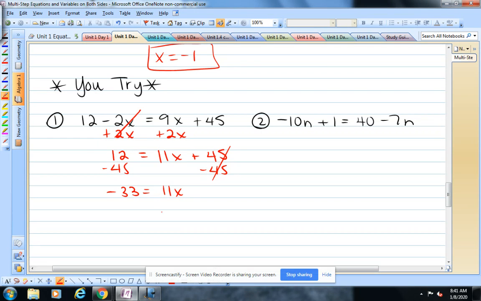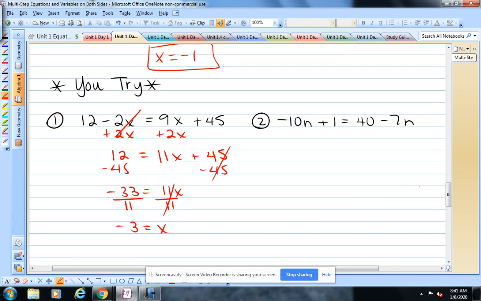And then what? Divide by 11, not negative 11. And what do we get for x? Negative 3 equals x. Raise your hand if you got negative 3 for your first answer. Do I need to work it the other way? Anybody need to see it the other way? Okay, good. Number 2. Somebody tell me what you did first on number 2.